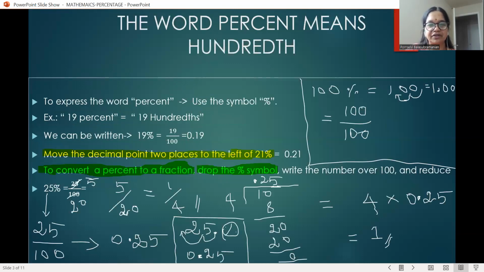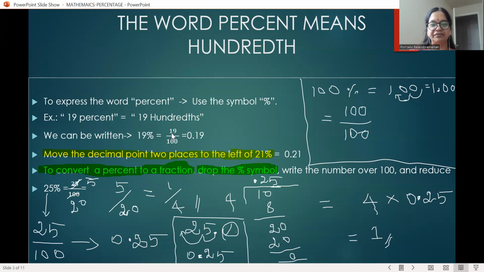To express the word percent, we use the percentage symbol. Look here, this is a symbol to indicate that the value is a percentage value. For example, 19% means 19 hundredths. So 19 percentage means you write 19 divided by 100.